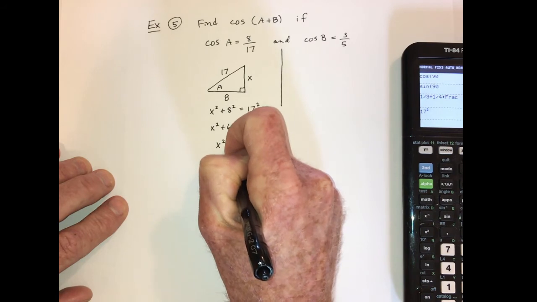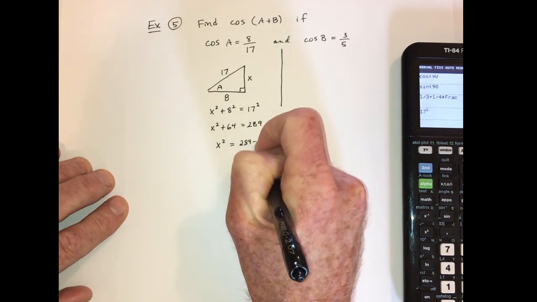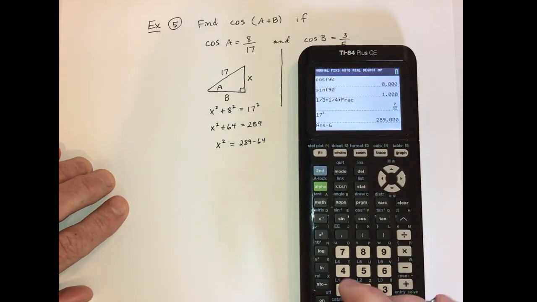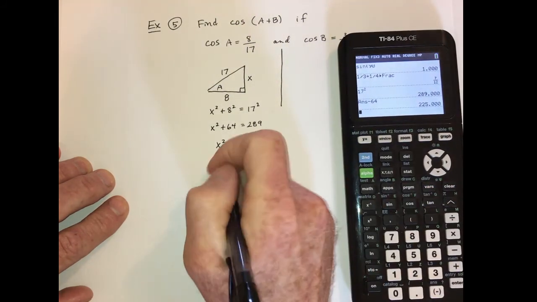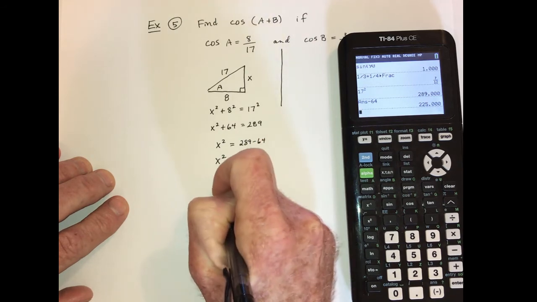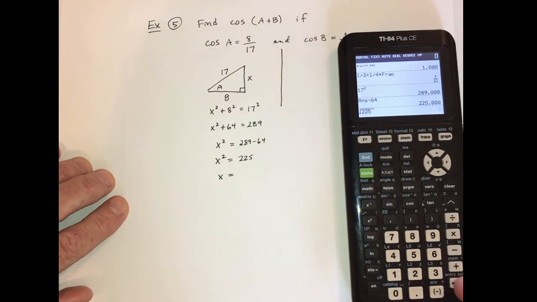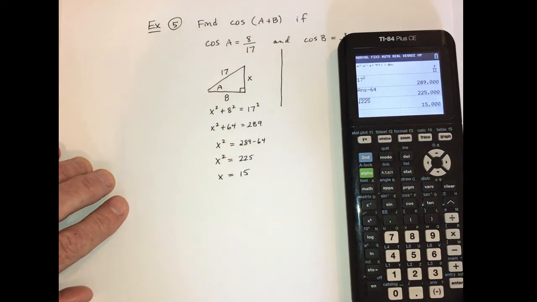And so x squared is going to be whatever 289 minus 64 is. So minus 64, that is 225. So x squared equals 225, and then take the square root of both sides. The square root of 225 is 15. So this one, x is 15.